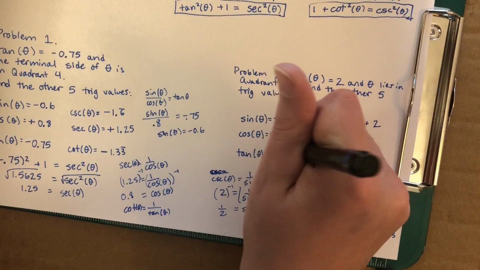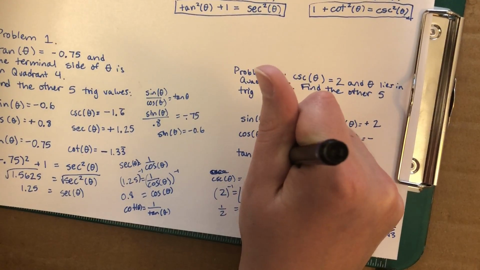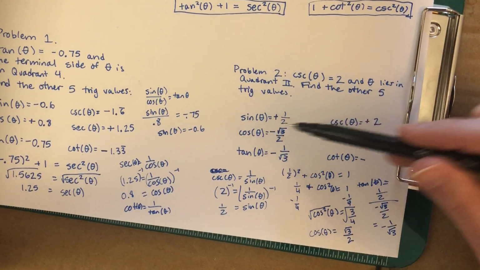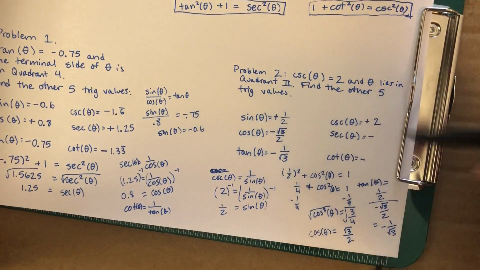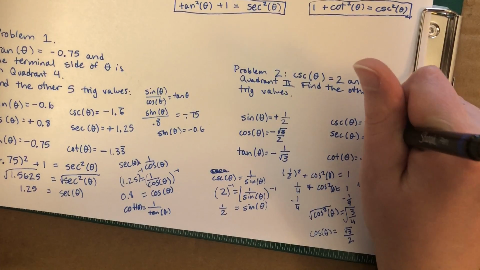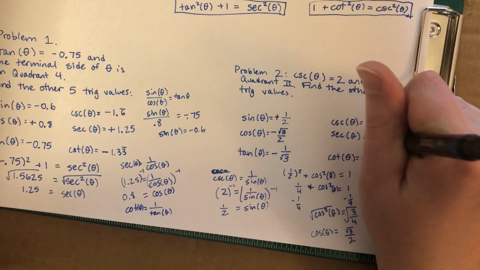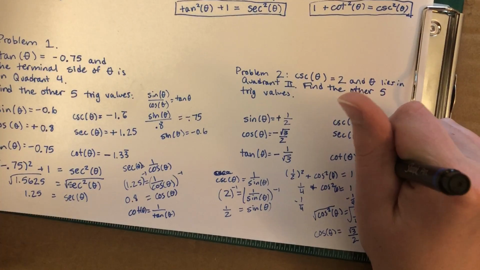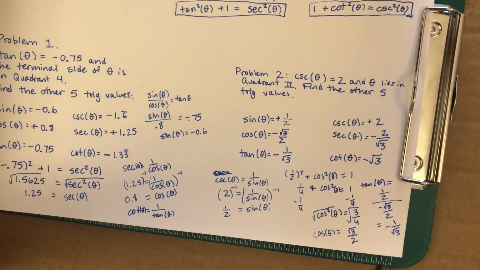But I'll just write it like this. Here we go. And then these ones are easy. We just got to flip the fractions. So I'll flip this fraction, and I get negative 2 over square root 3. And I'll flip this fraction, and I just get square root of 3. There we go.